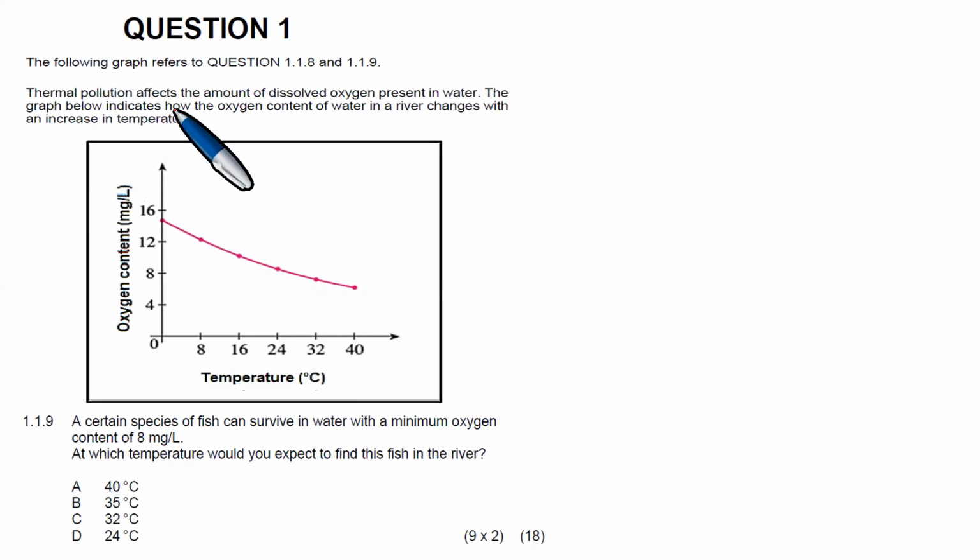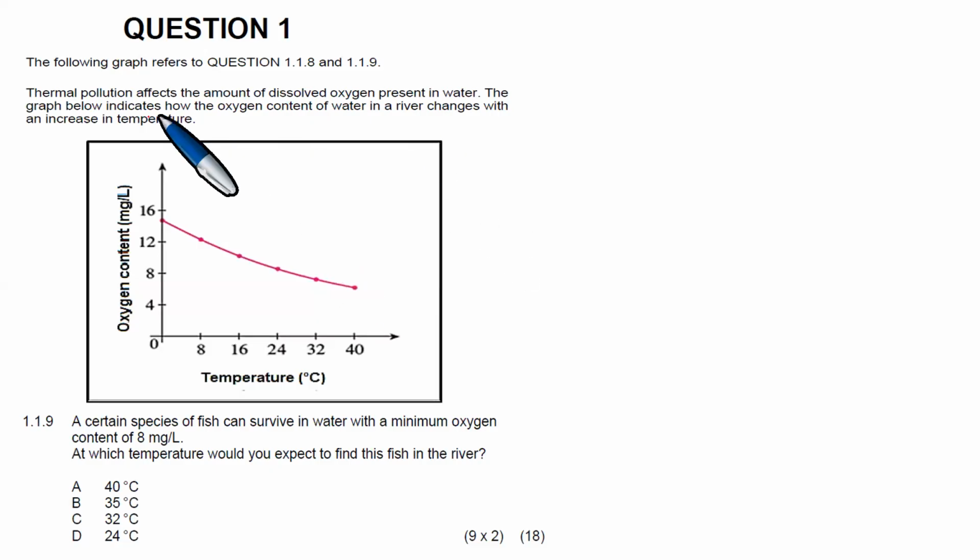Thermal pollution itself affects the amount of dissolved oxygen present in water. So the graph below indicates how the oxygen content of water in a river changes with an increase in temperature.